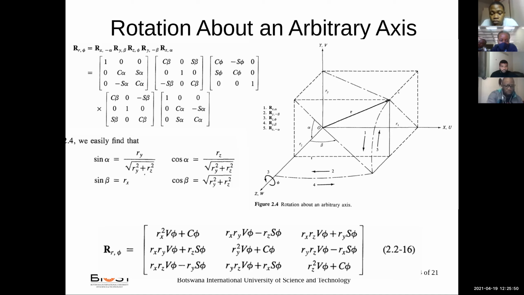Okay, so this is the question. What if we assume that Rx with respect to negative alpha is the first rotation? What does it mean? If that is the first rotation, then the order here will change.